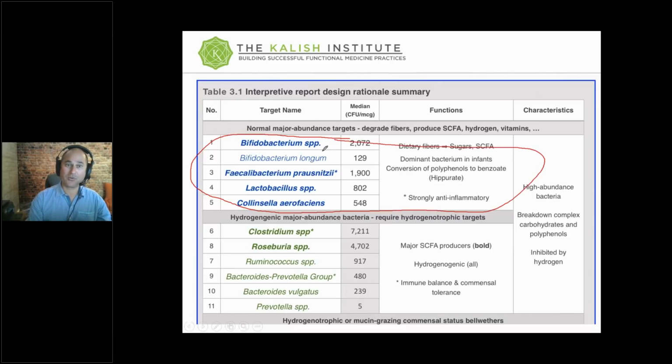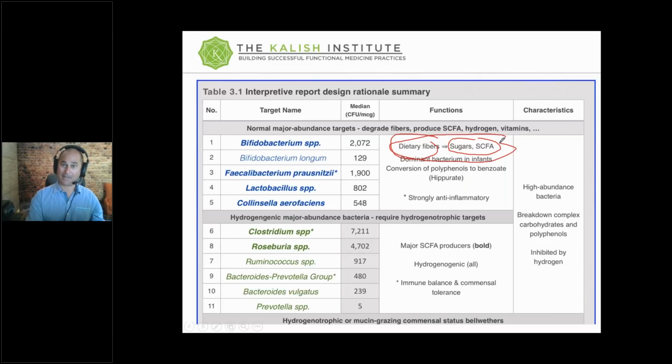So this first group, the Bifidobacterium, the Faecalibacterium prausnitzii, these kind of things, the one that's the most famous, the Lactobacillus, right? These organisms are taking dietary fibers and breaking them down into sugars and short chain fatty acids. Okay, they're taking dietary fibers and degrading them and making these short chain fatty acids that then are the fuel supply for intestinal lining cells.